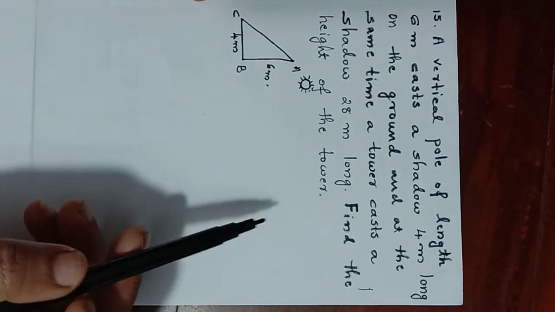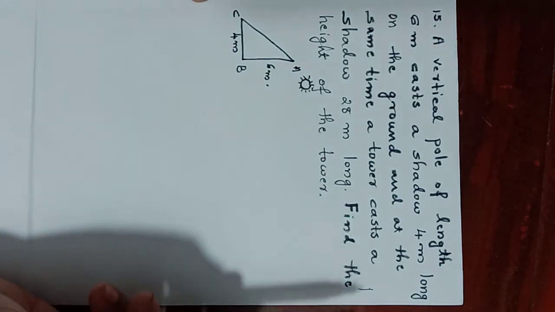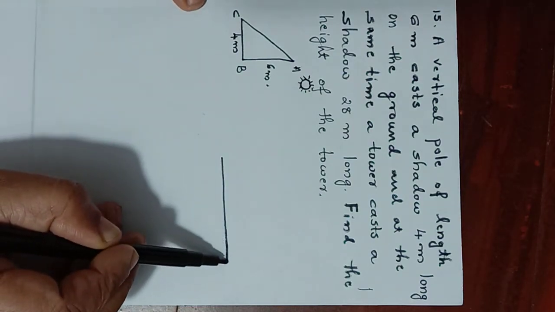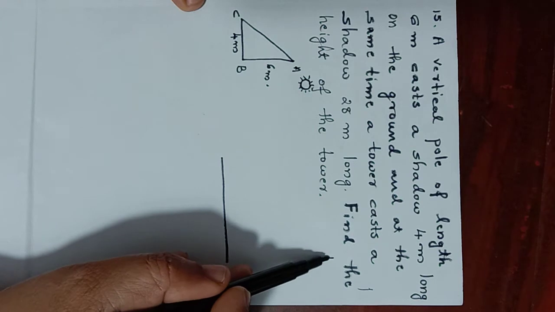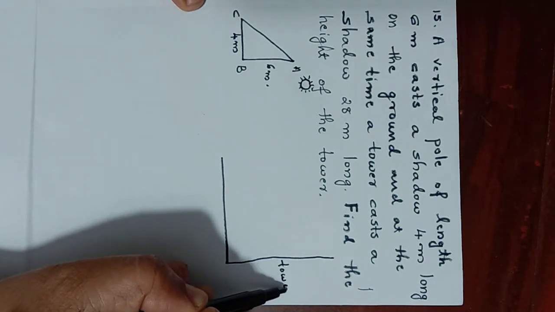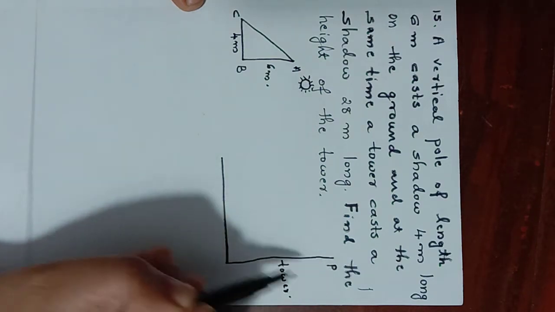Similarly, another one. Tower casts a shadow 28 meter long. So we have a tower. Okay, this is the tower, children. We will mark it as PQR.